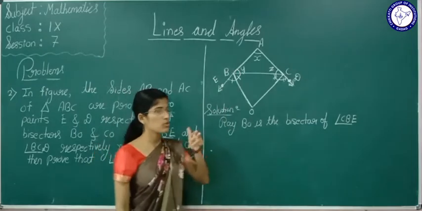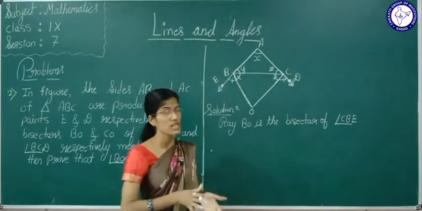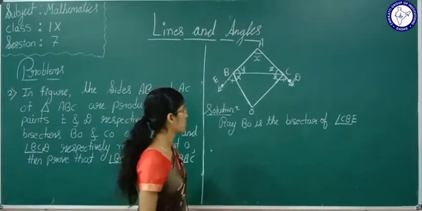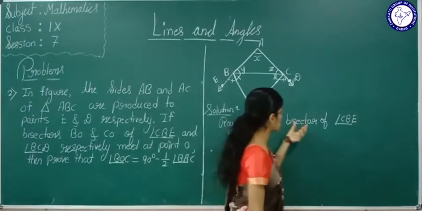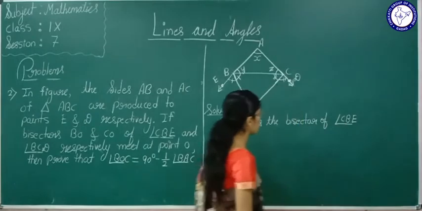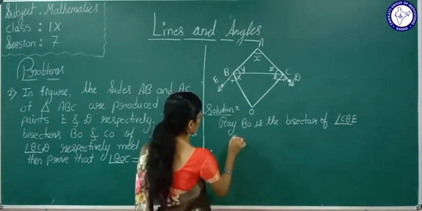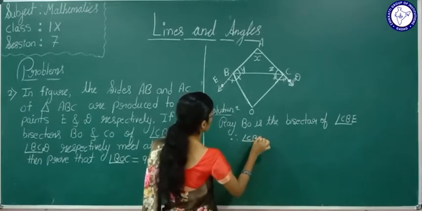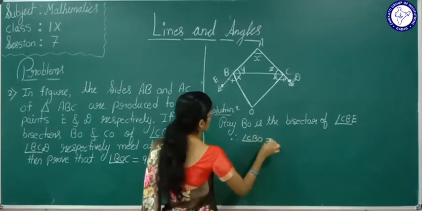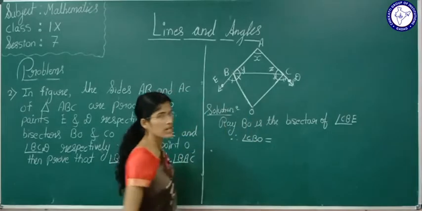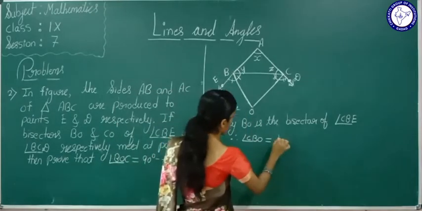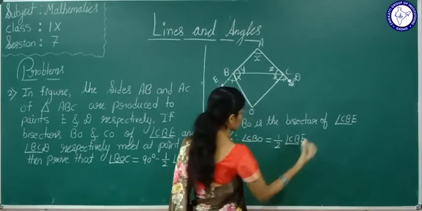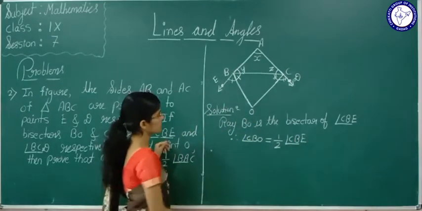Now say ray BO is the bisector of angle CBE, therefore angle CBO, what can we write here? Half of angle CBE. Yes or no?